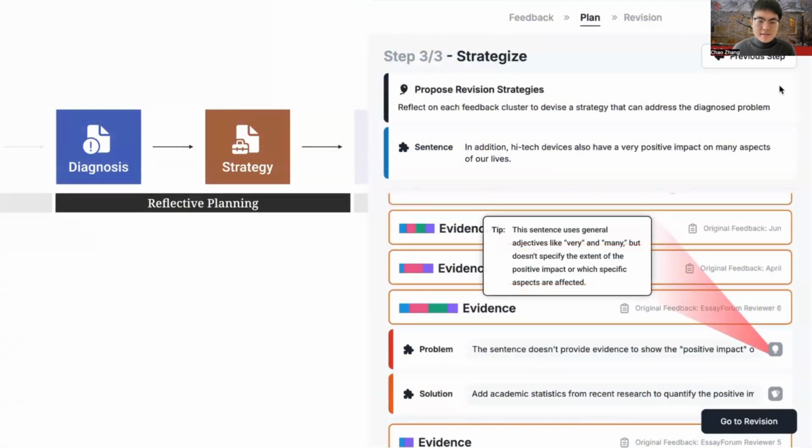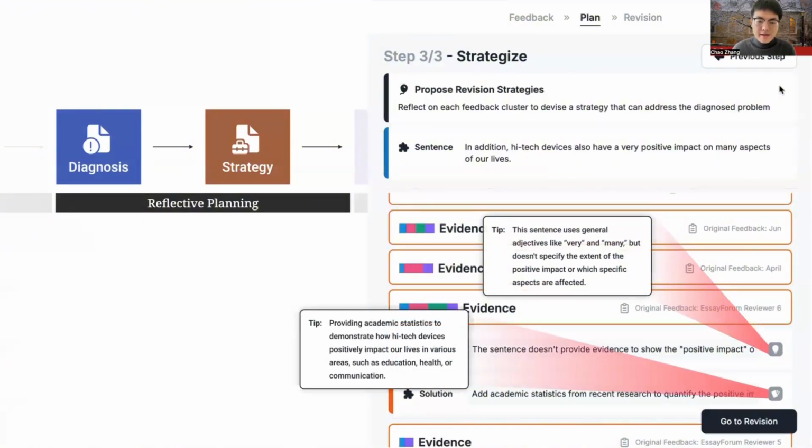The diagnosis hints highlight potential problems the user may have overlooked, helping them arrive at a more specific and accurate diagnosis of the underlying issues. The strategy hints offer reviewing techniques, suggest examples, or provide guidance on rephrasing or restructuring problematic sentences.